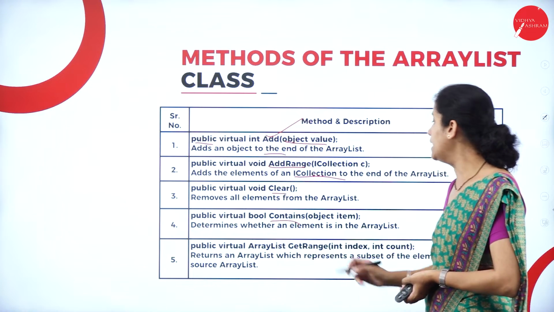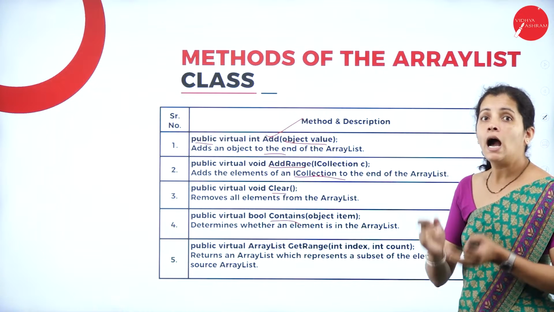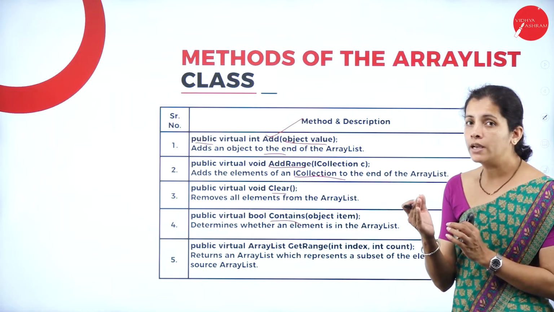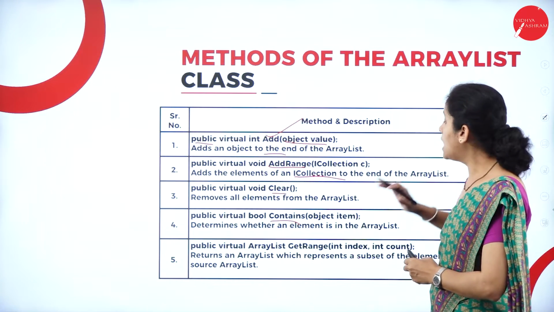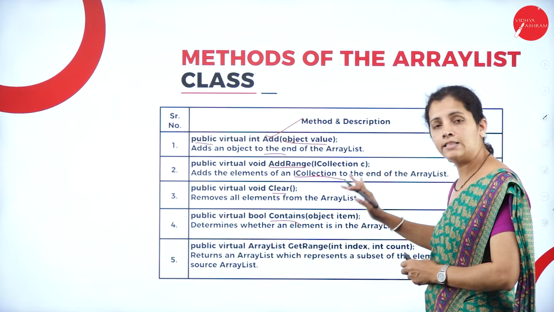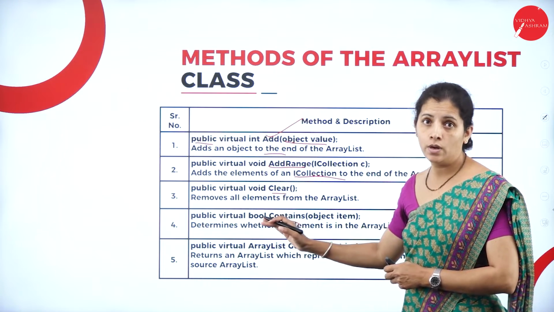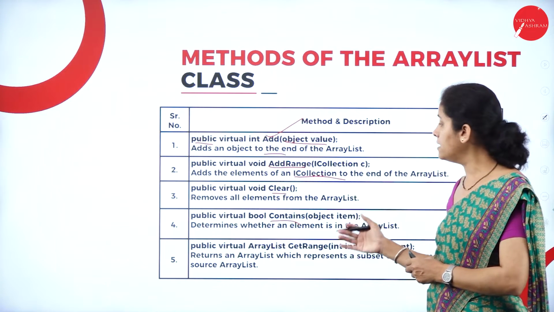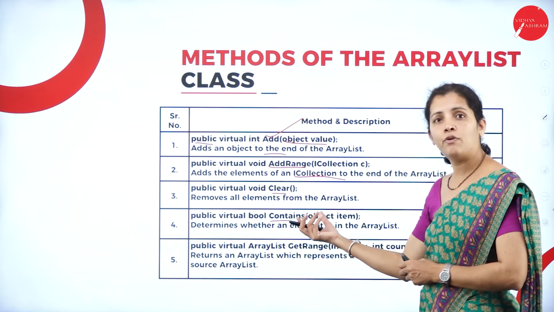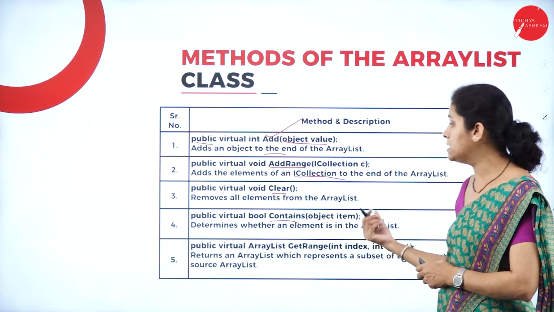Then Contains. I check whether my array list includes any element or not. If the array list contains the object, then it returns true. If the array list is empty, then this method returns false.